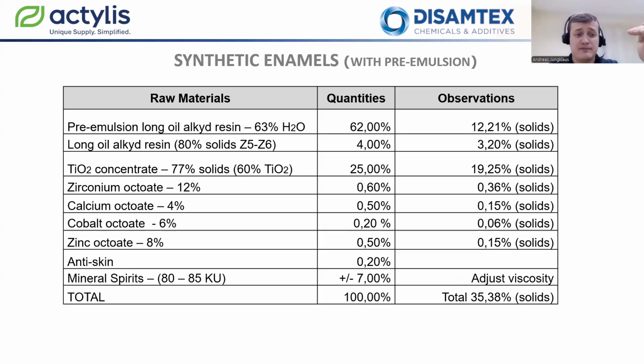So the first item you see is the pre-emulsion of the previous slide. All of these percentages may vary depending on the desired solids content or the amount of water to be added. The type of resin will probably change as well. And for that, we also provide technical support.